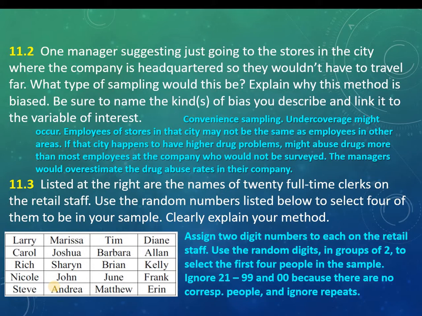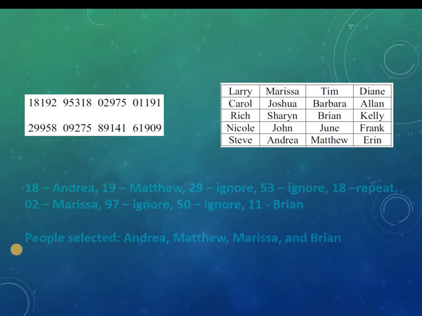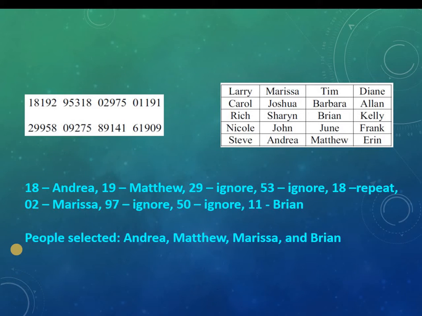How many digits? Very important when you're given a table. You need to tell me how many digits I'm looking at a time. How are my digits assigned? What about the numbers that I'm not using? And then repeats. Okay, so what I ended up getting from mine, I got Andrea, Matthew, Marissa, and Brian.